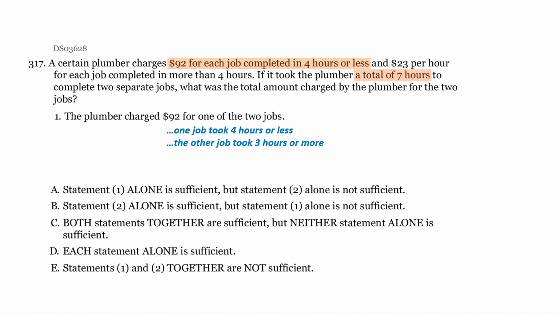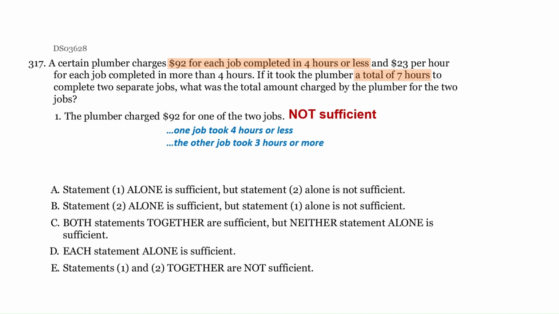Perhaps both jobs took around 3.5 hours, so they were charged at $92 each. Alternatively, perhaps the first job, the $92 one, took just 1 hour, so that the second job took 6 hours and cost more than $92. Given statement 1, we don't know exactly how much the plumber charged for the second job, and therefore we don't have enough information to answer the question. Statement 1 alone is not sufficient.